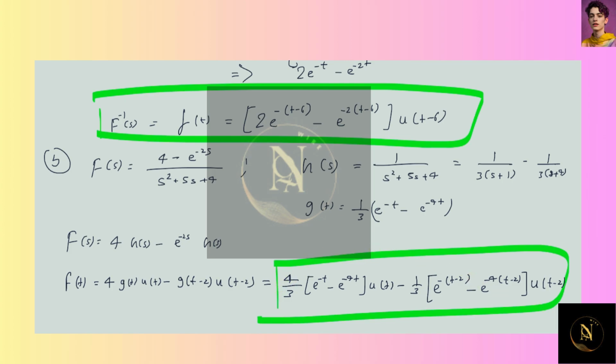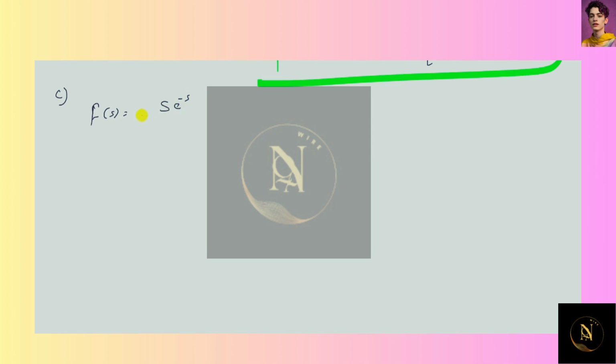And now part C. Here in part C we have given F(s) is equal to s e^(-s) divided by (s+3) multiplied with (s^2 + 4).